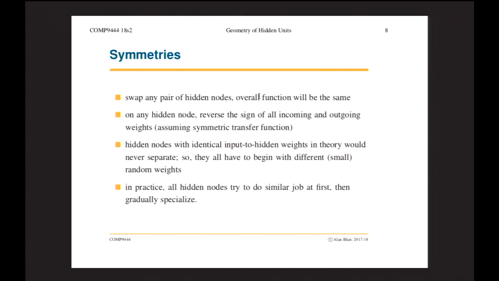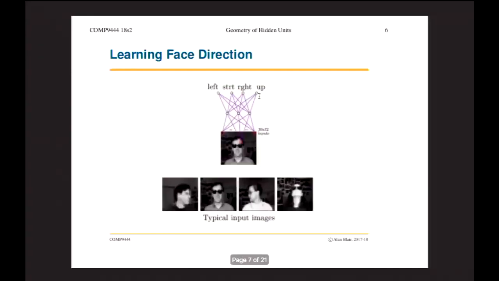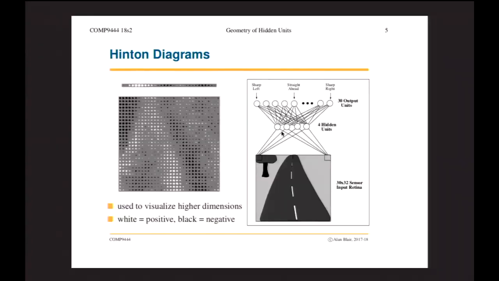Now, I can also reverse the sign of all the incoming weights of a node. This is easier to see with a symmetric transfer function like tanh. Let's say I pick this node, change all the incoming weights to the negative of what they previously were, and change all the outgoing weights from that node to the negative as well.